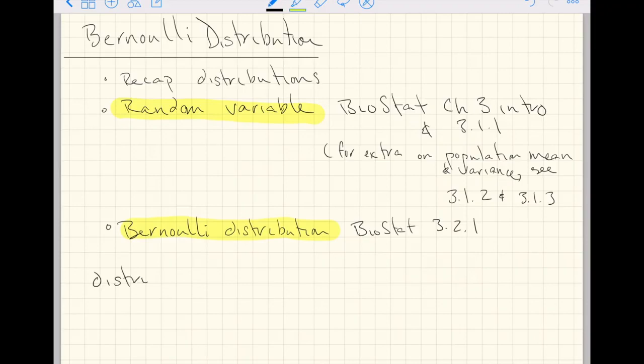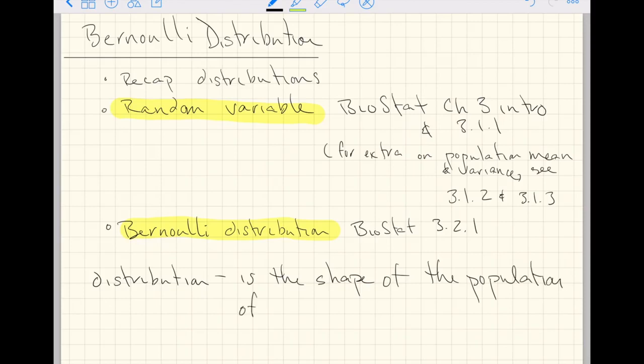So distributions, as far as we have been concerned, is the shape of the population of interest. That is to say, if we are interested in some population distribution, well, it could be right skewed.